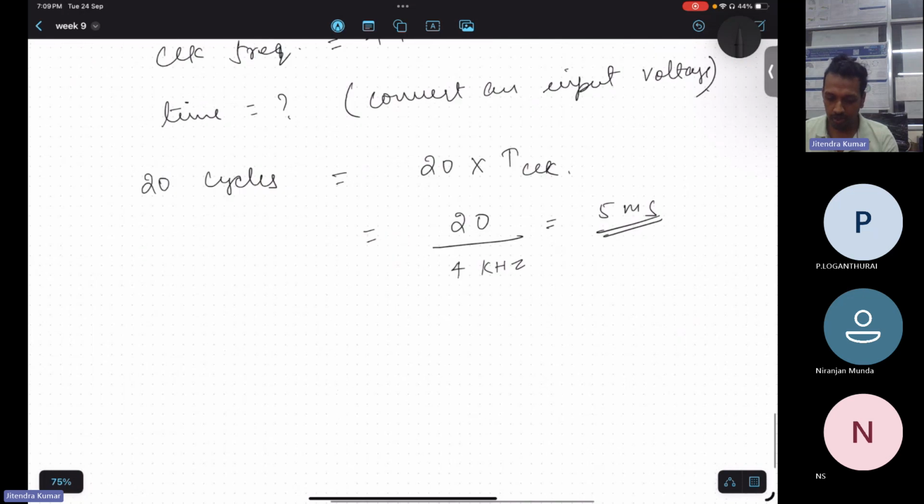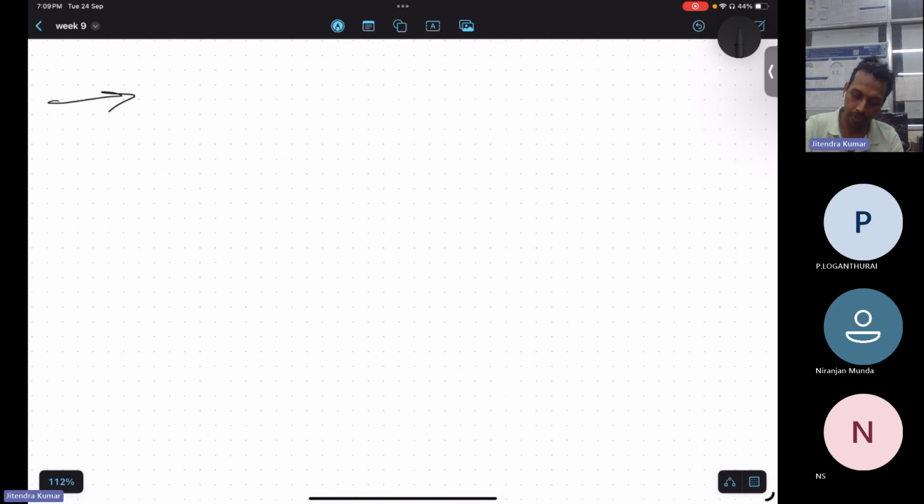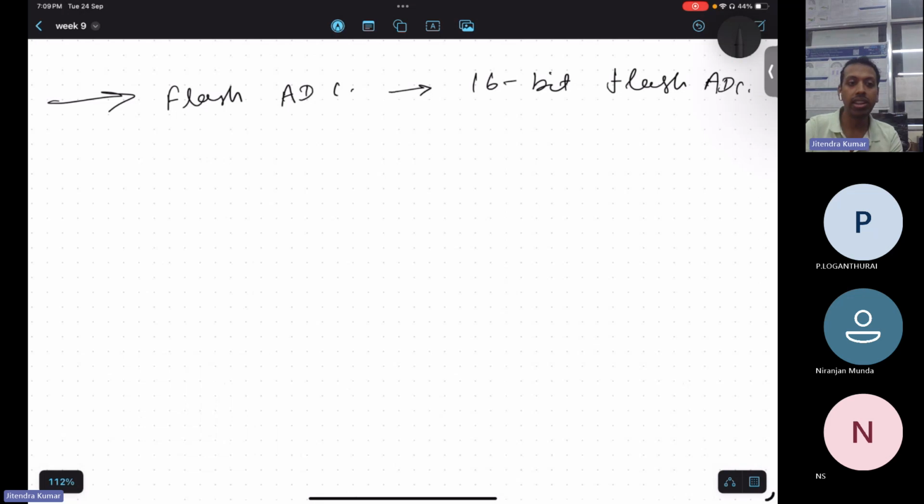Now, another question related to flash type ADC. We are given a 16-bit flash ADC. So how many comparators will be required?